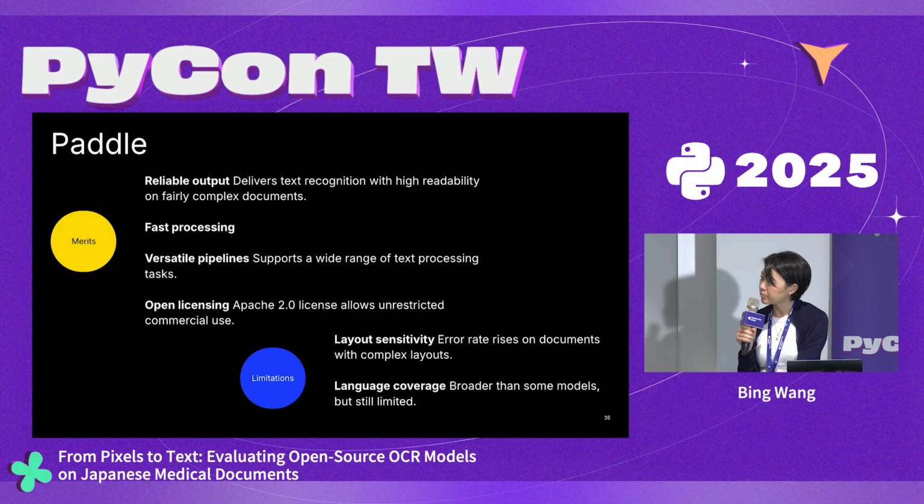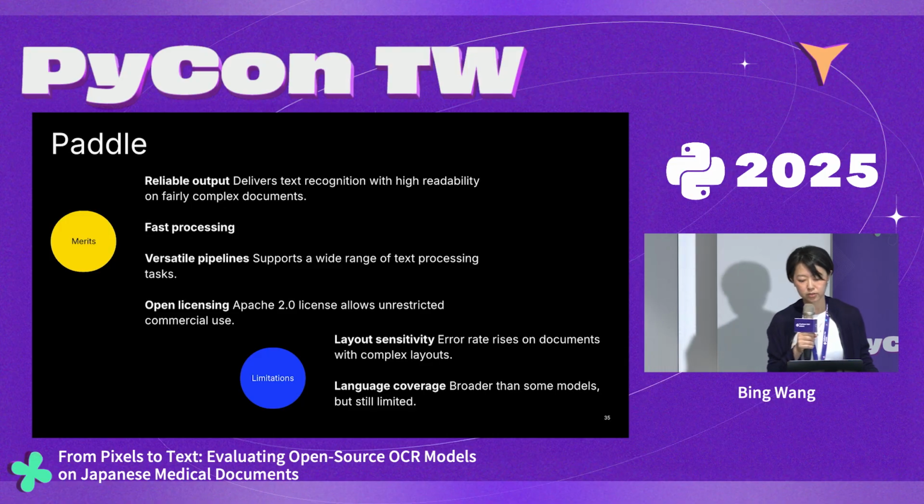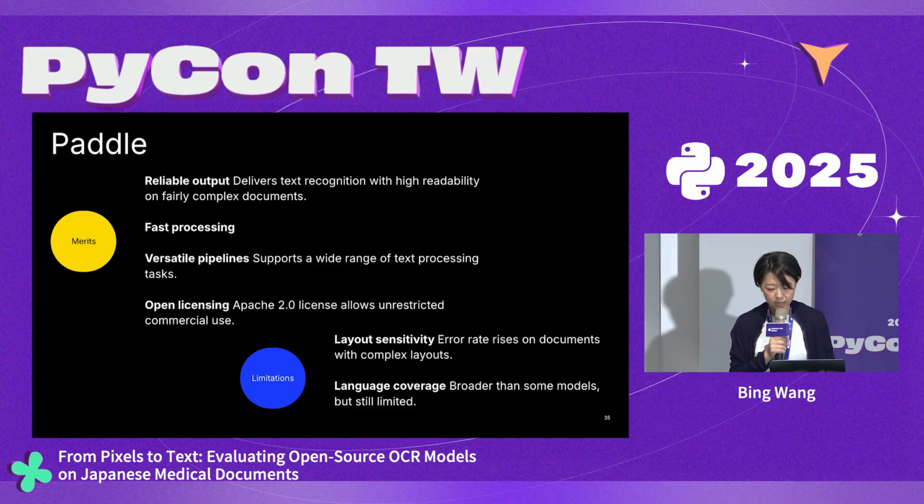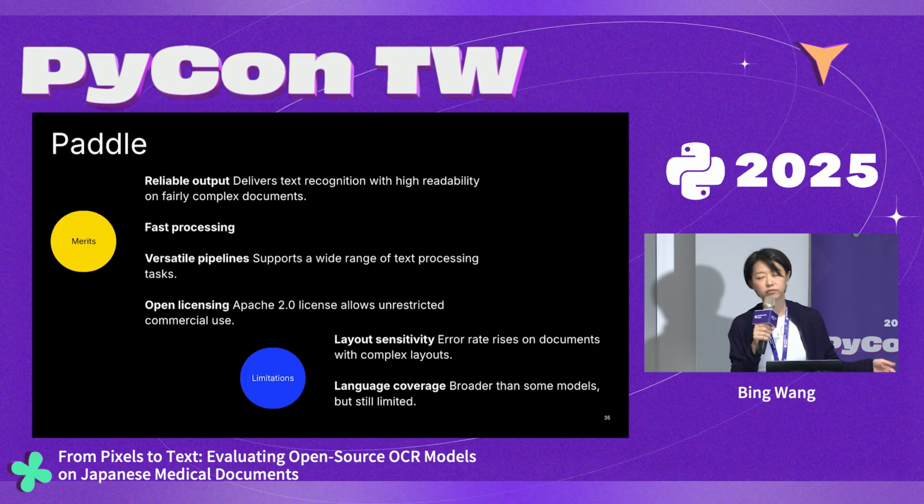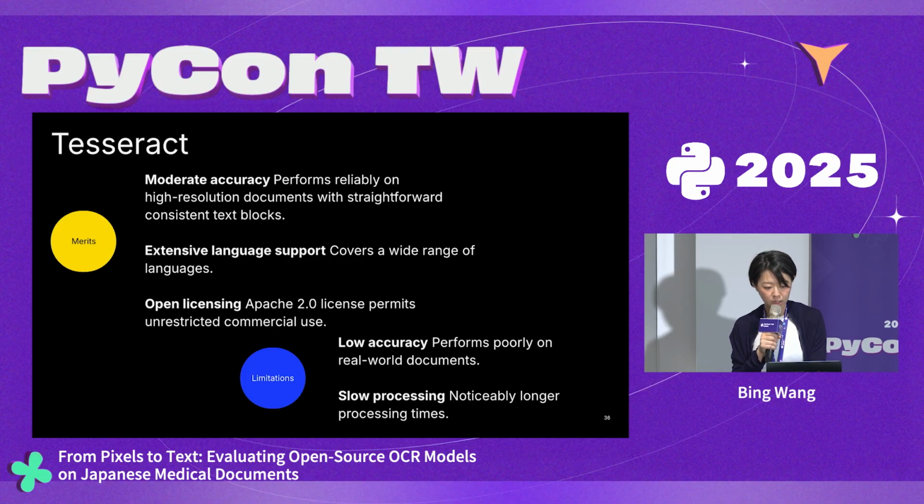And if you don't care about Paddle converting to the wrong version of the kanji, the final result is pretty readable. It has open licensing that allows unrestricted commercial use. For language coverage, Paddle 3 right now does not have very wide language support, but more supported languages are coming out.